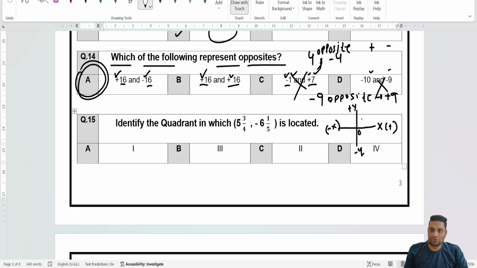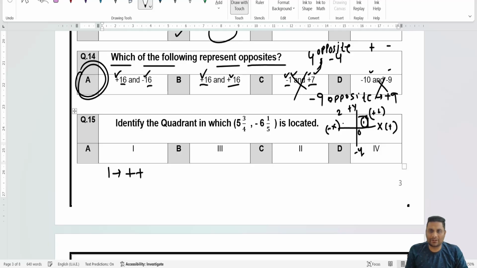So if I choose any number here, check, it is touching plus y and plus x, meaning both the numbers will be positive. This is my first quadrant. This is quadrant number 1. So you have to remember that in the first quadrant both the numbers will be positive only. Let us come to the second quadrant.